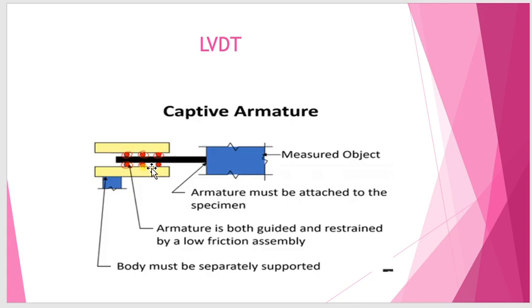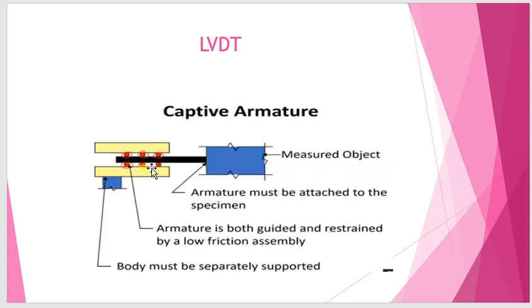This setup provides support, and aside from that we just have the main object. Overall, this is a low friction assembly. This type of armature is usually used for long distance measurement, as we know with LVDT and laser beam transmission. For displacement measurement we use a range from plus or minus 0.5 to plus or minus 18.5 inches.